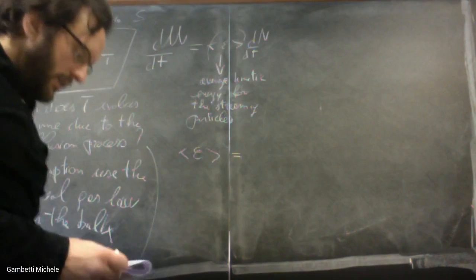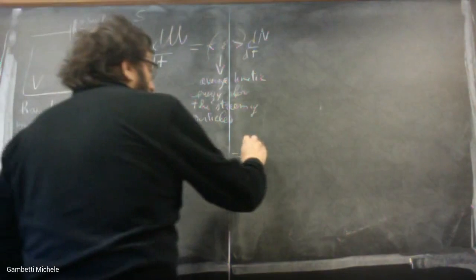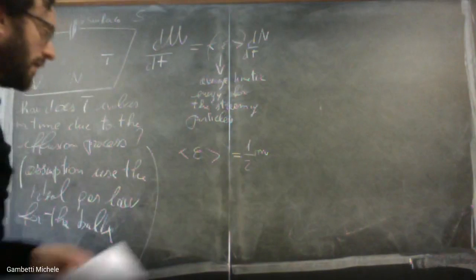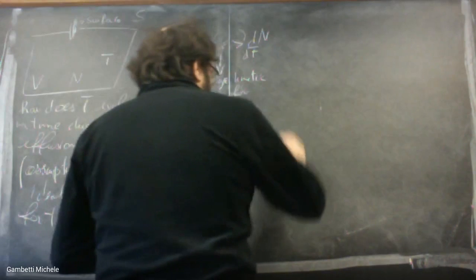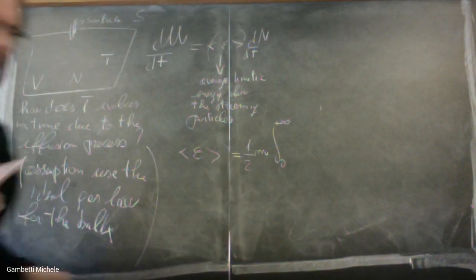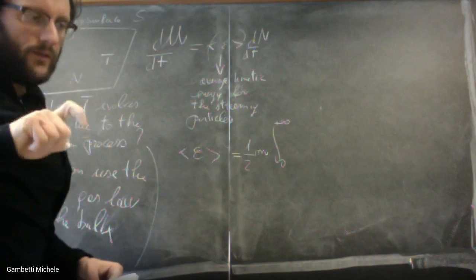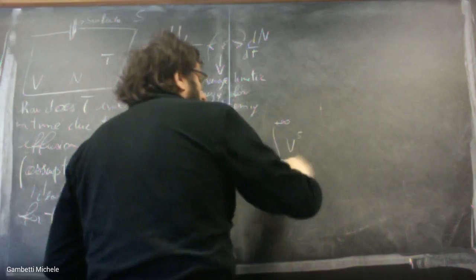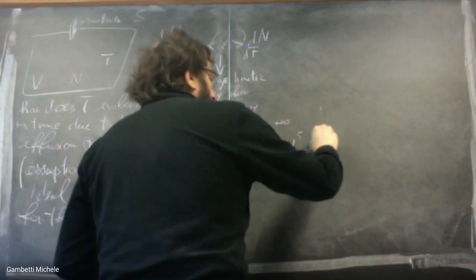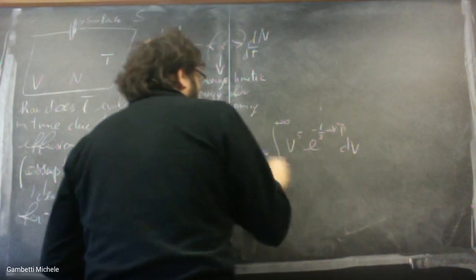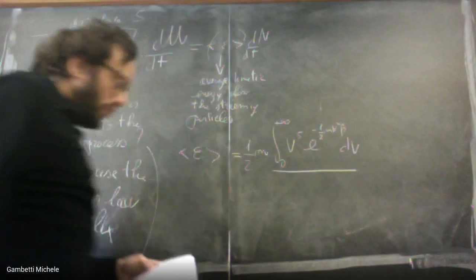So the average energy will be 1/2 m times an integral of v cubed dv times v squared, so I have v to the power of 5 this time, and at the denominator the usual normalization.